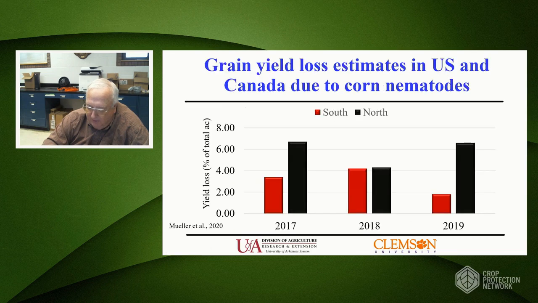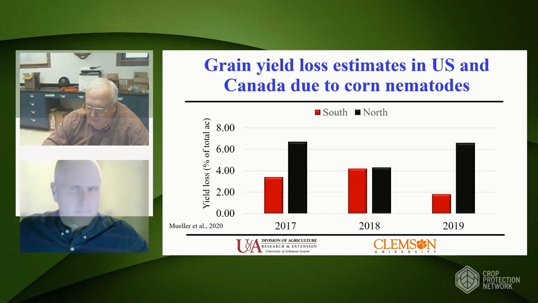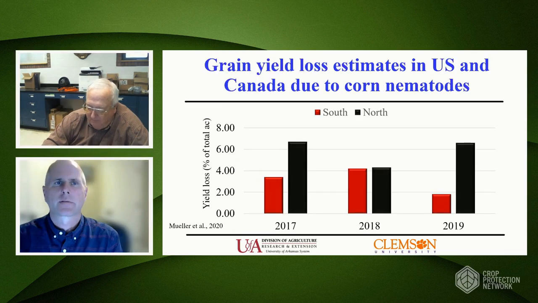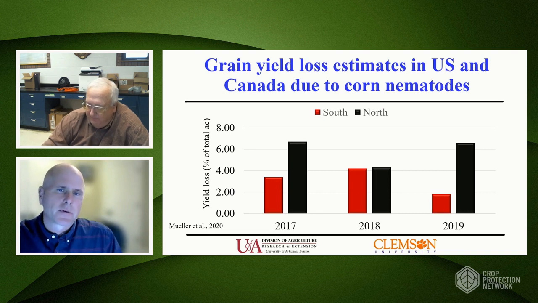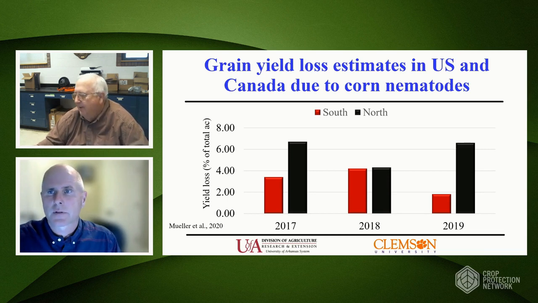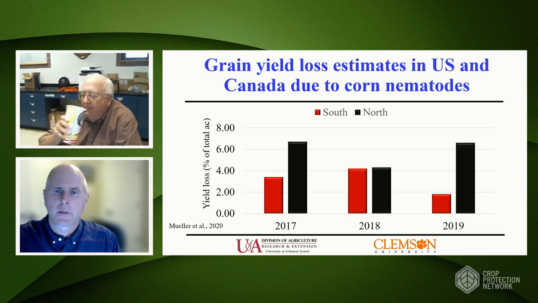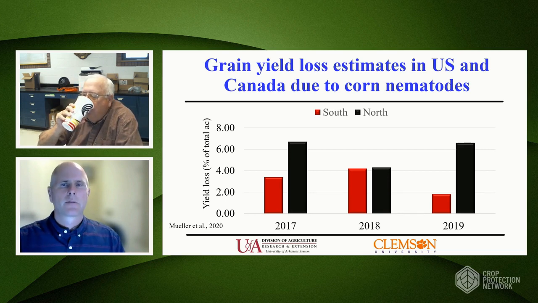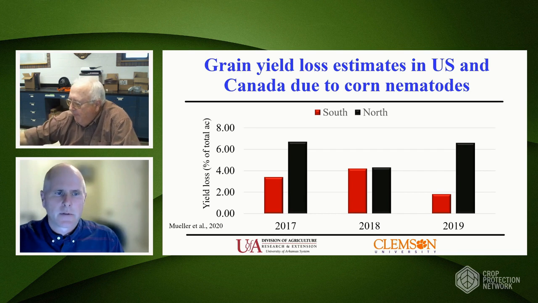Travis is going to talk to you a little bit about yield estimates, yield loss estimates. Yes. So whether you're in the northern U.S. or Canada and the South, certainly, as I mentioned before, corn nematodes can impact grain yield. This slide just gives you an idea of the yield losses.